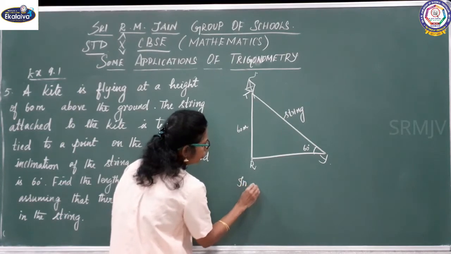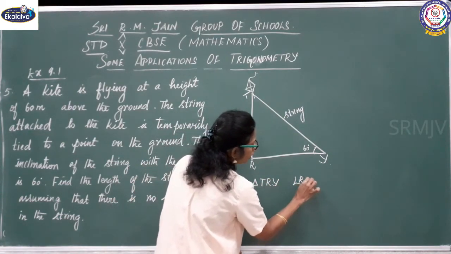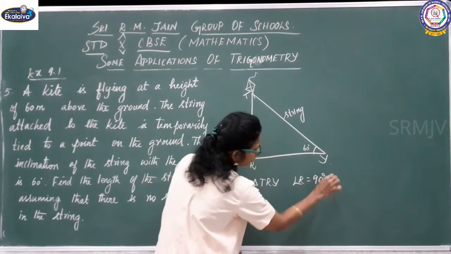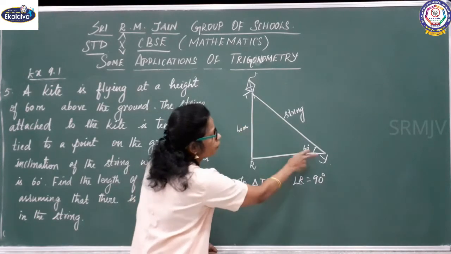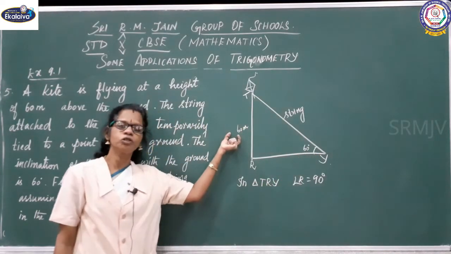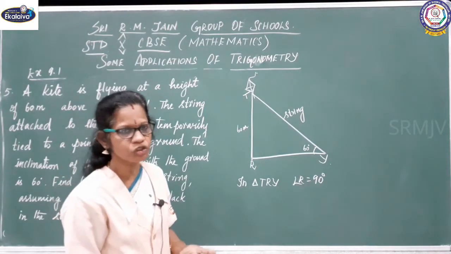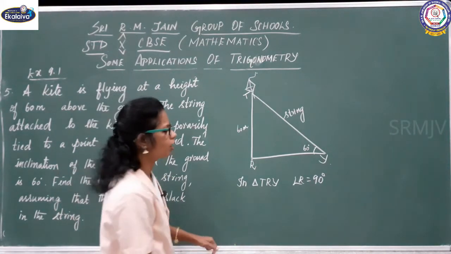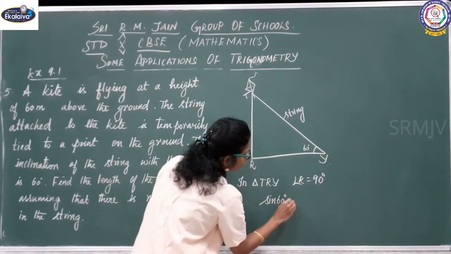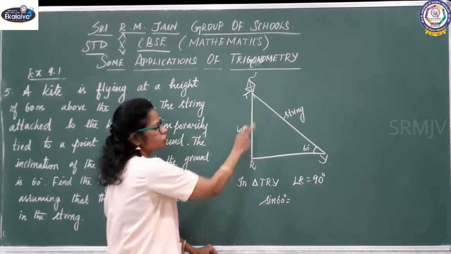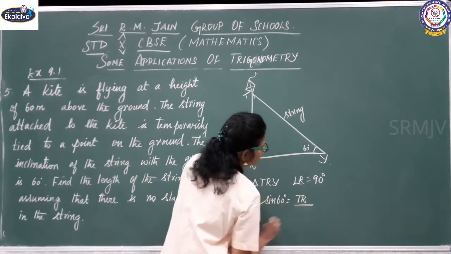In triangle, angle R equal to 90 degree. What they are asked us to find? Hypotenuse. Here opposite is given. Which trigonometry function is useful? Sin theta, right? So, sin 60 degree equal to opposite by hypotenuse.